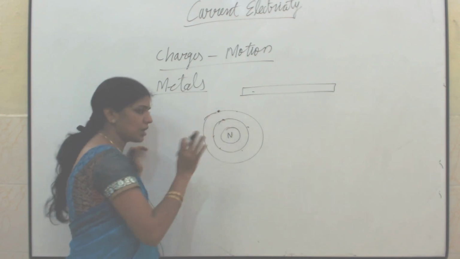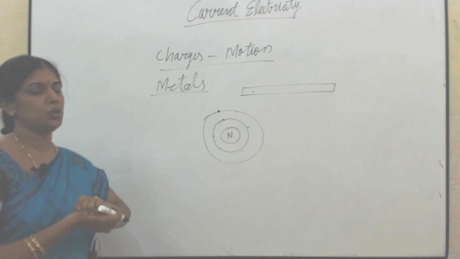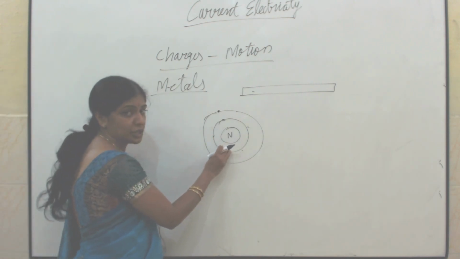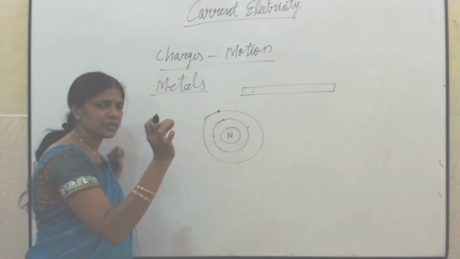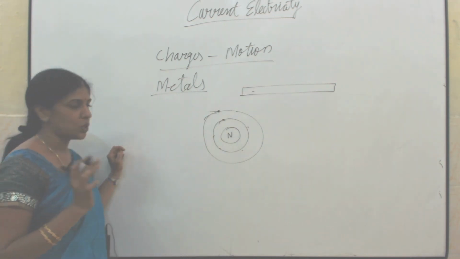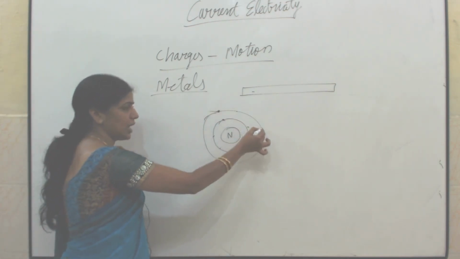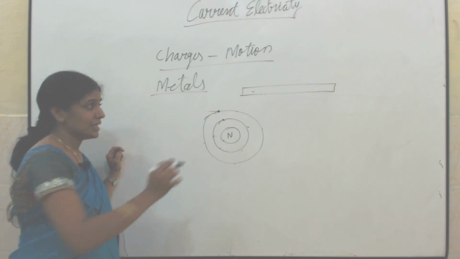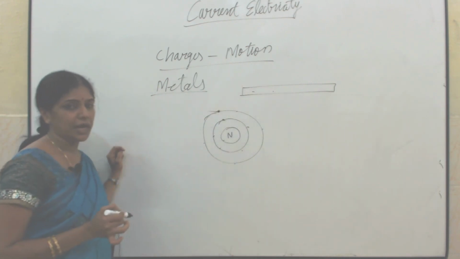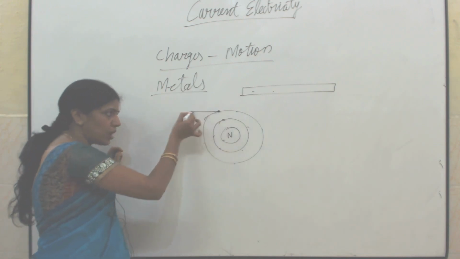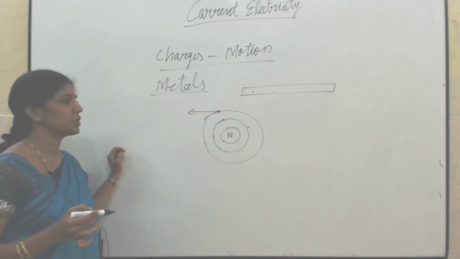For these electrons which are not tightly bound to the nucleus, the thermodynamic internal energy of this material is sufficient to pull out the electron from the atom. So these electrons at the outermost orbit are not closely bound to the nucleus, and the thermodynamic internal energy of the material is sufficient to knock out the electron from an individual atom.